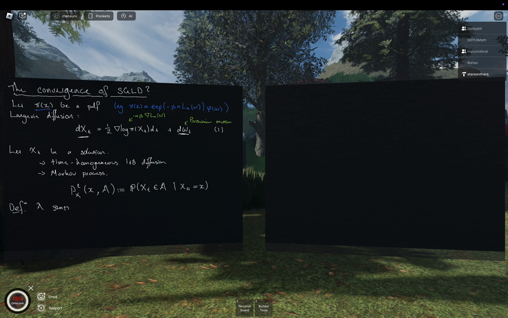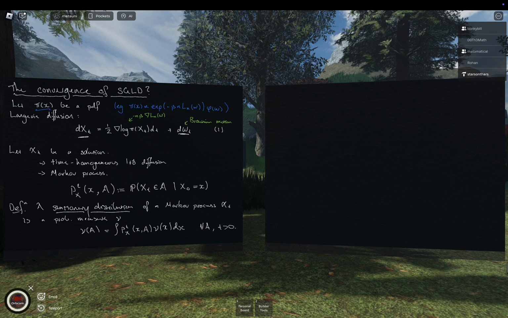So a stationary distribution of a Markov process is a probability measure nu, which satisfies the following, for all measurable sets A and t greater than 0.